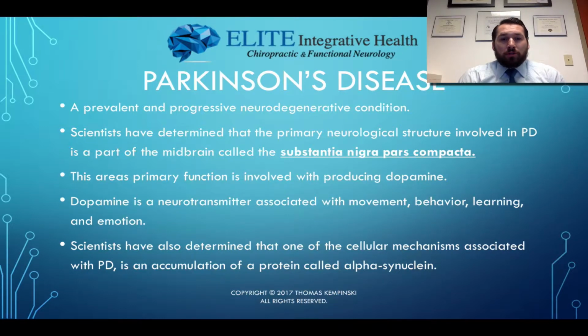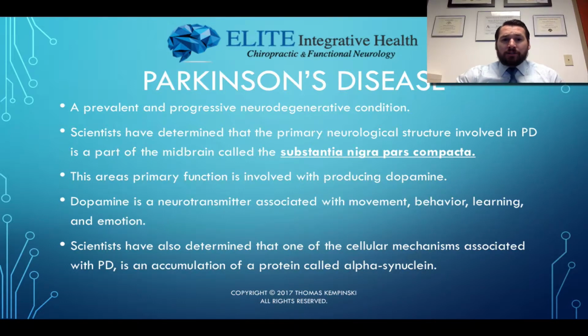And dopamine is a neurotransmitter that's needed for movement, behavior, learning, and emotion. And so it's interesting because Parkinson's disease is classically referred to as a movement disorder, but it's really much more than that, and it really affects the cognition, the behavior, the learning, the emotionality of the person involved.